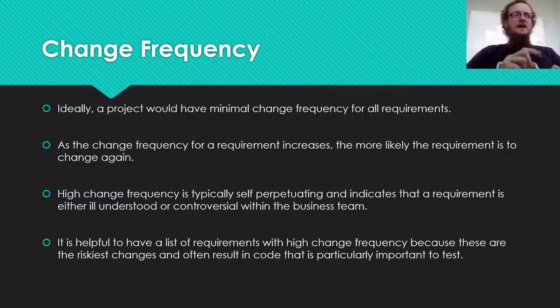Another thing to think about as we talk about the later phases of development is it's really kind of helpful to have a list of requirements throughout the project that have high change frequency, because typically these are the riskiest requirements to actually implement. And so high change frequency is often correlated to high bugs or frequency of bugs.